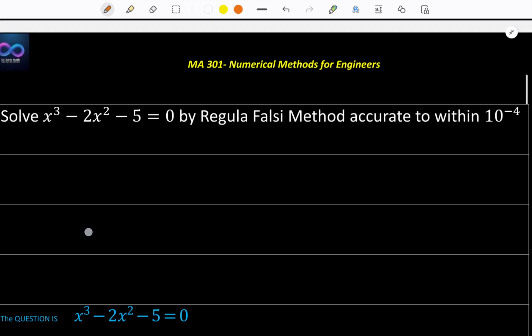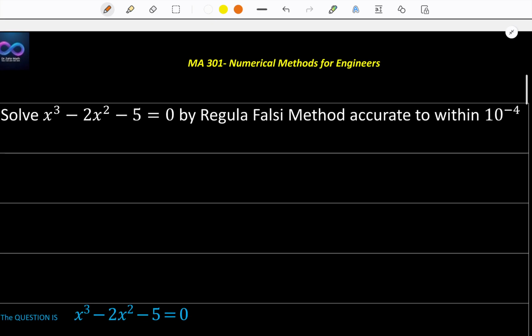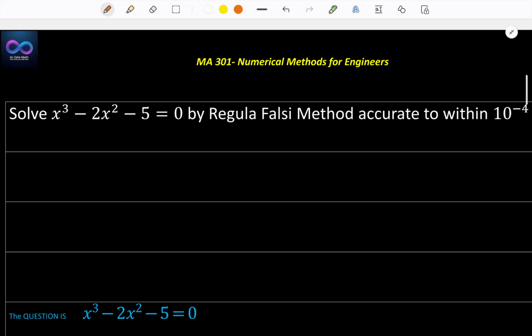Okay, right. Let's go to the first question. Solve x cube minus 2x square minus 5 equal to 0 using the Regula Falsi method, accurate to within 10 power minus 4. I told you 10 power minus 4 means you have to fix your calculator for 4 decimal places. How to fix your calculator?